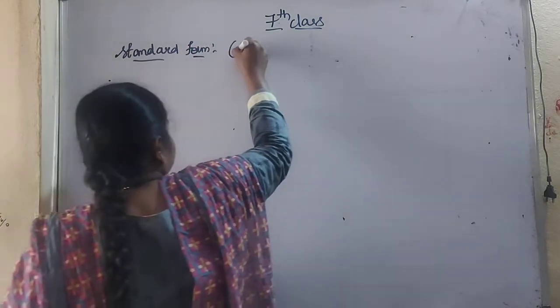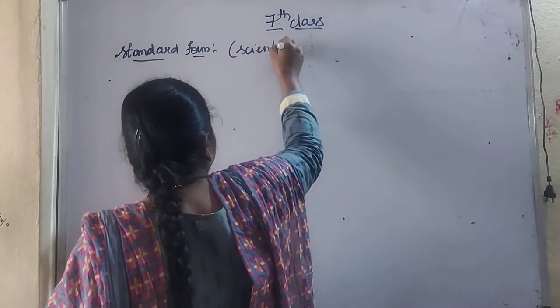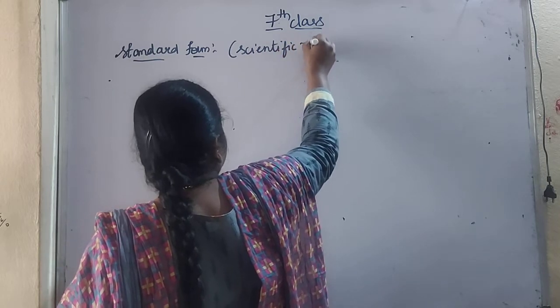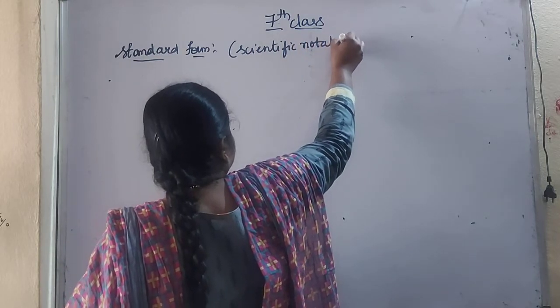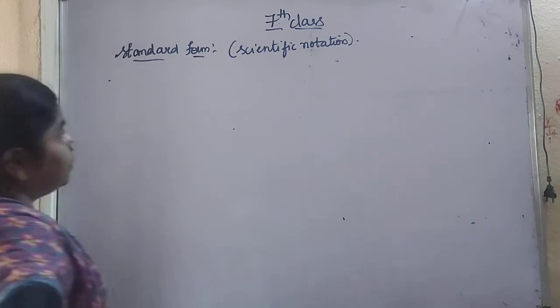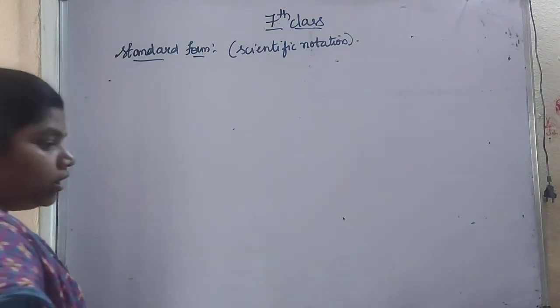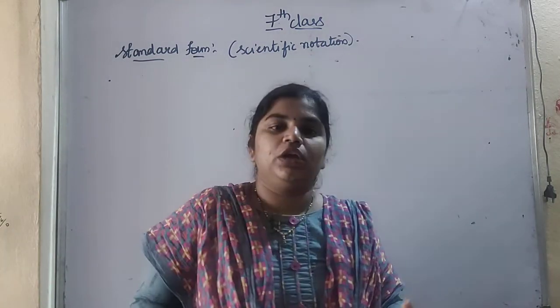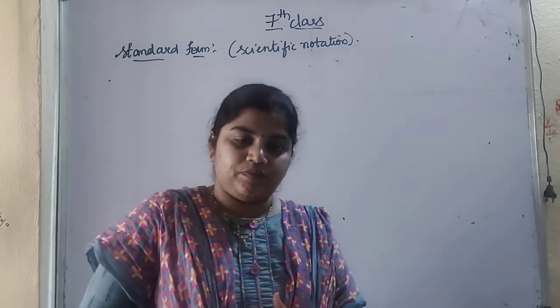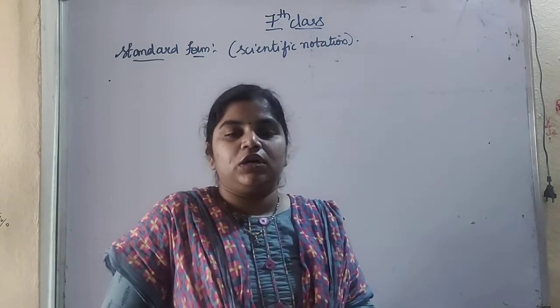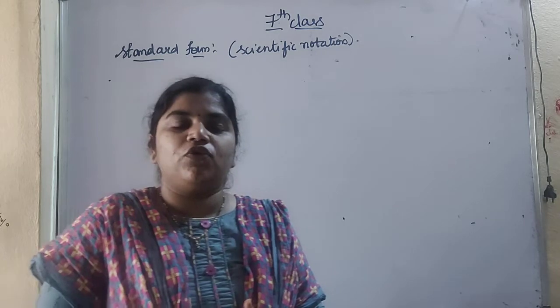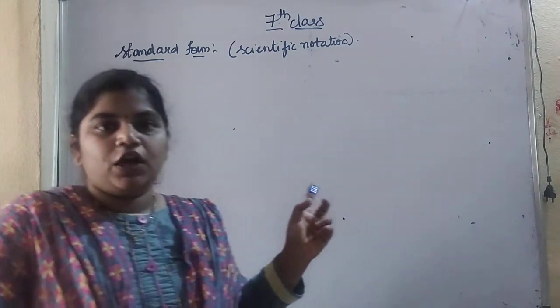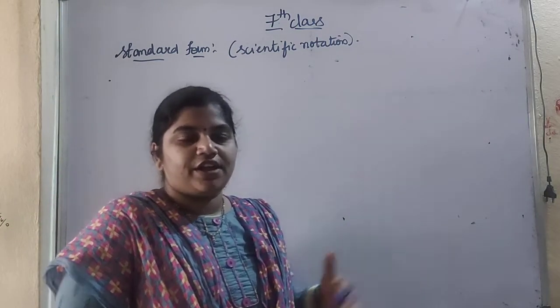Standard form is nothing but scientific notation. So how to convert the biggest number and the smallest number we will see. The conversion of a biggest number and smallest number into simplest form, we will call it scientific notation, or it can be called standard form.